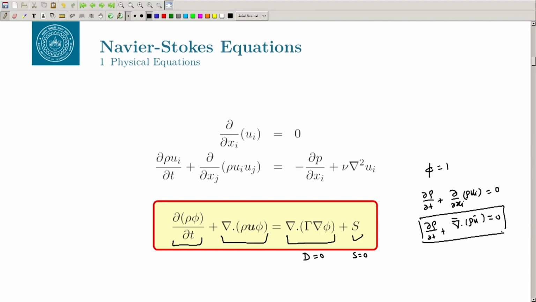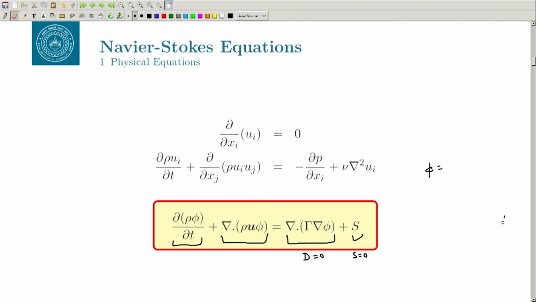This is our mass conservation equation, and we can go to the incompressible limit, but let us not go there, we have already discussed that point. Now, we are going to put phi equal to u, and gamma equal to mu. So, how will this equation look?